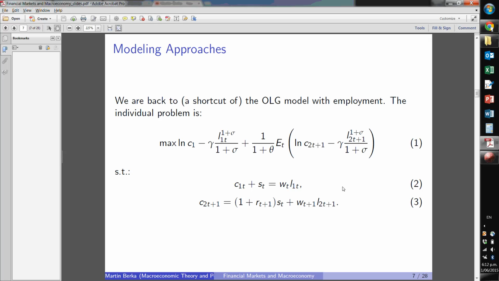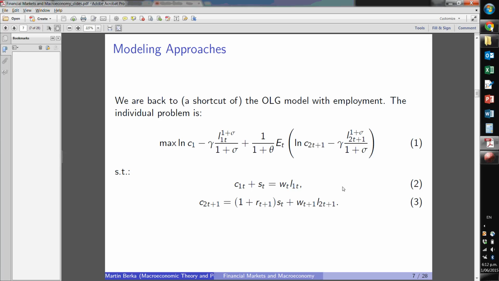There are 2 budget constraints. The first one is the budget constraint in period 1, where W times L is labor income. And the second is the budget constraint in period 2, where W T plus 1, L2 T plus 1 is the second generation's labor income, where we are obviously allowing both generations to work. So young and old both are working.